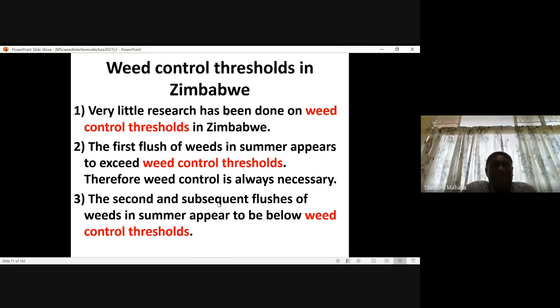For example, the weeds which we have currently, for example, Eleusine indica, Richardia scabra, which are commonly found, we do not know their competitiveness. We also do not use weed control thresholds for weed management purposes.